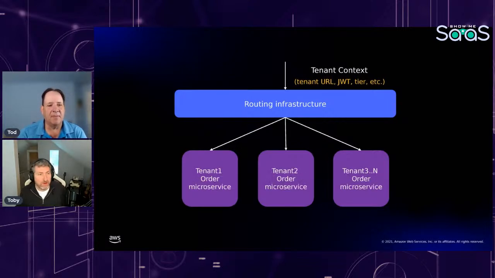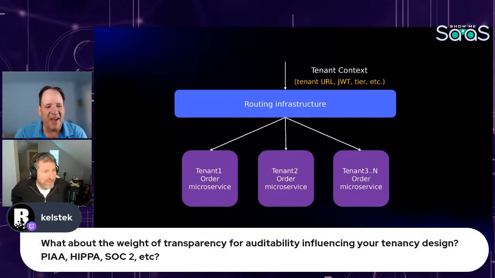Let's say we got another question popped up, not necessarily based on this topic, but I think it's interesting. I prefer questions, so if you have them, ask them. Kelstek is asking about auditability based on compliance.